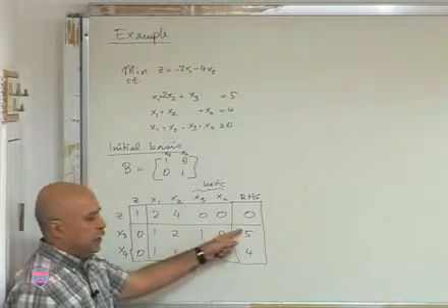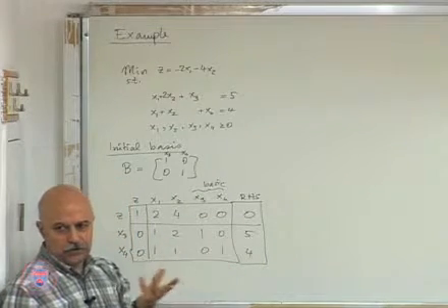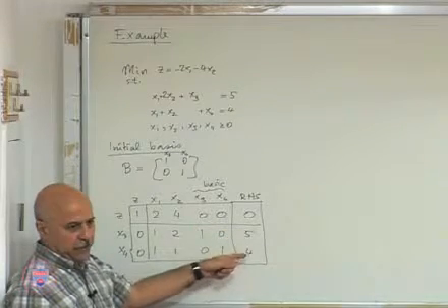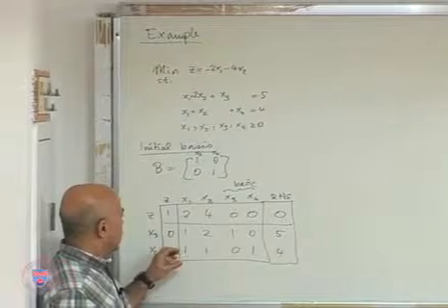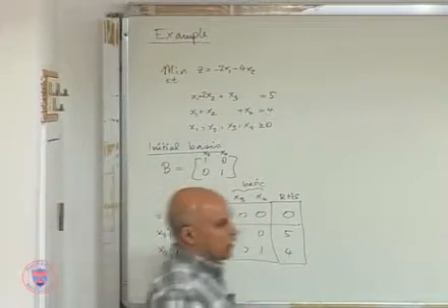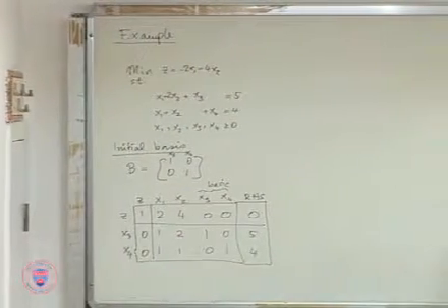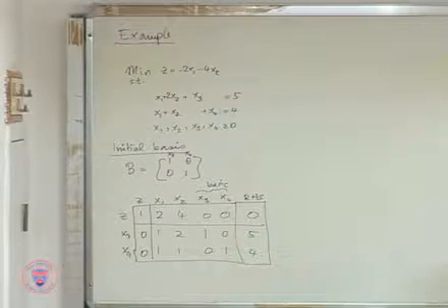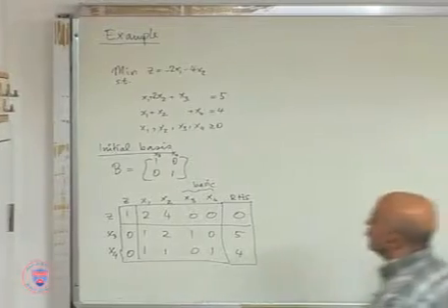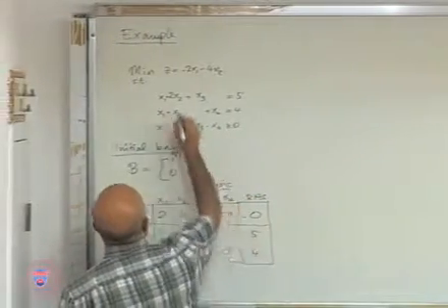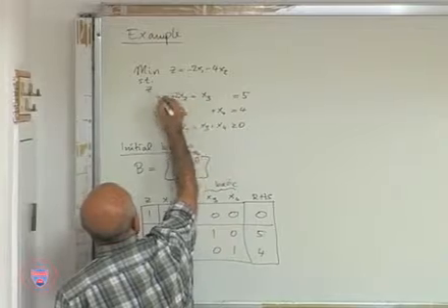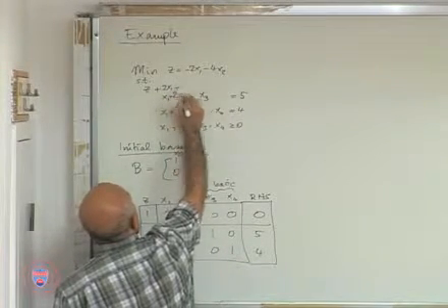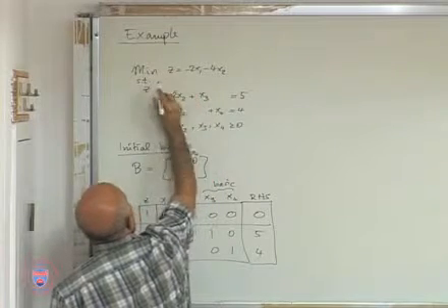So in this case, your b bar is 5, 4, because you are working with the identity at the beginning. b bar is the same as your b, okay? All right, so that's your initial tableau, which is just the row 0 form of these equations.